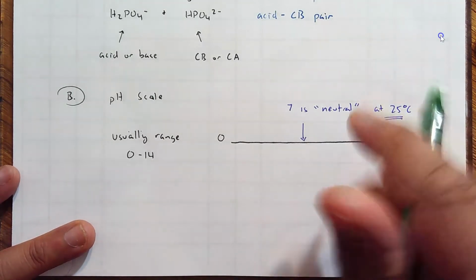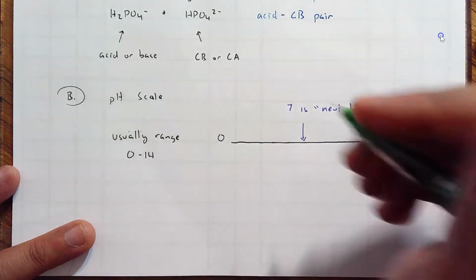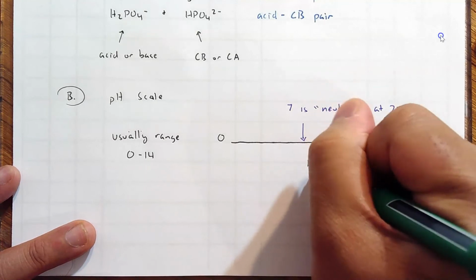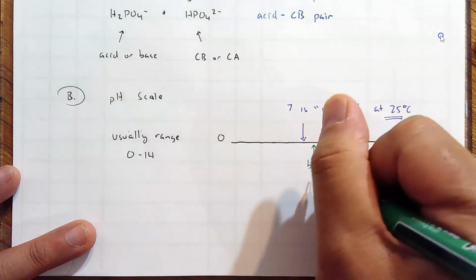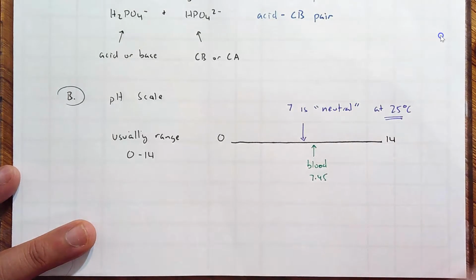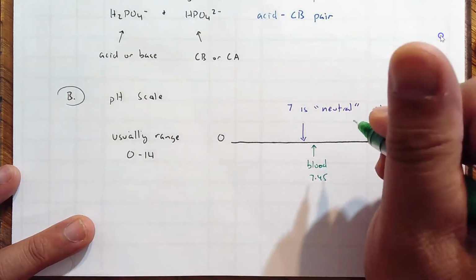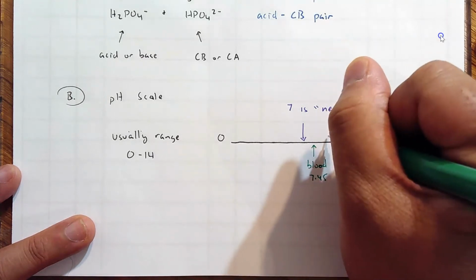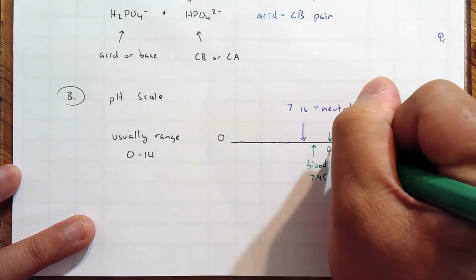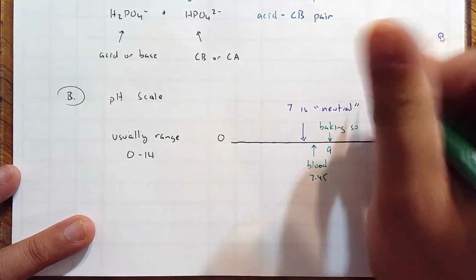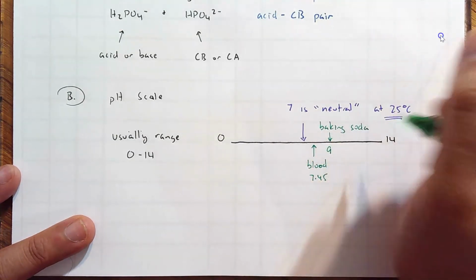Okay, if we go in the right direction, we're going to be more basic. So this is blood, a little bit higher, 7.45. And then, what else? I have some other examples. Baking soda is 9. Remember baking soda? NaHCO3.